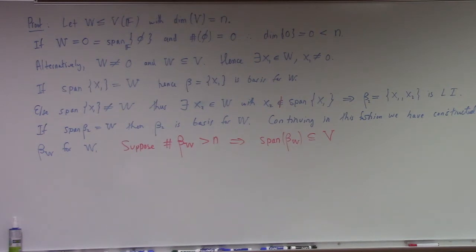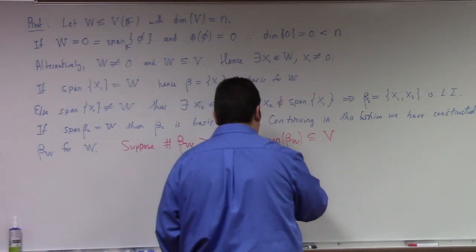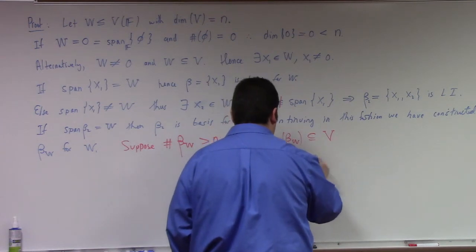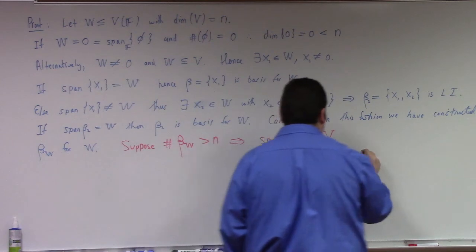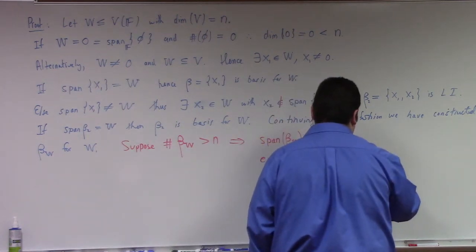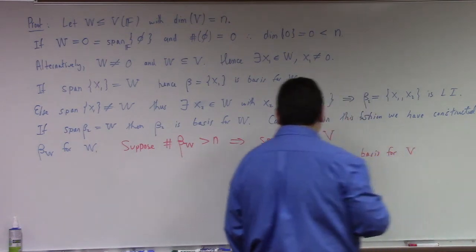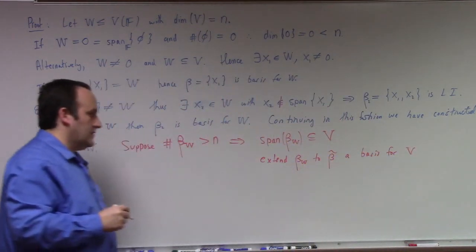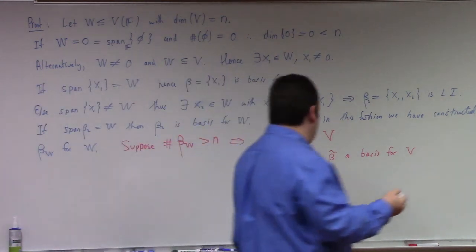We could use the same argument to extend beta sub W to beta tilde, a basis for V. How many vectors are in beta tilde?